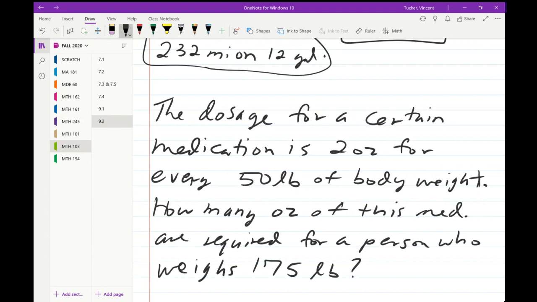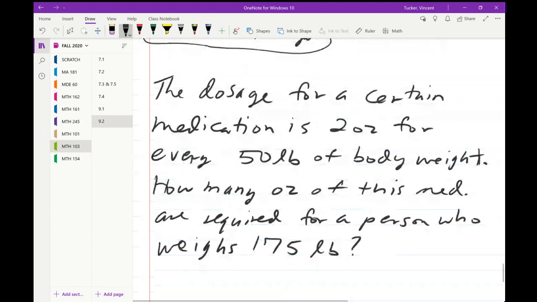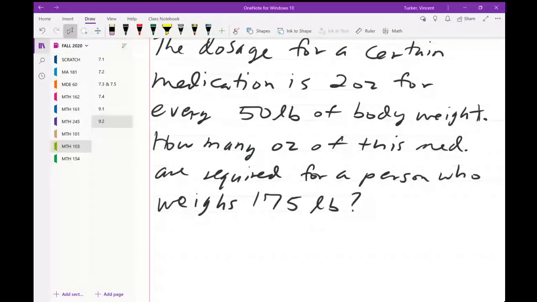All right, so the dosage for a certain medication is 2 ounces for every 50 pounds of body weight. How many ounces of this medication are required for a person who weighs 175 pounds? Just like before, you have to make a decision how you're going to set up your proportion and be consistent. Ounces over pounds or pounds over ounces, it doesn't matter.